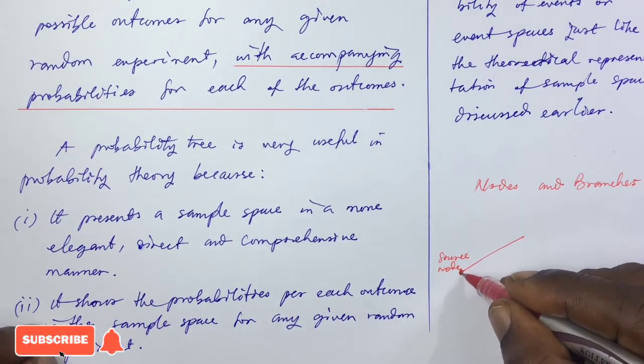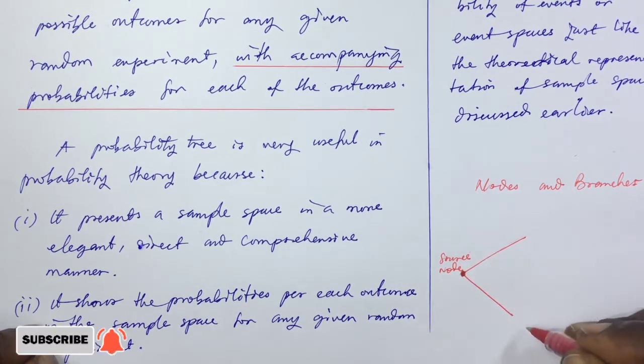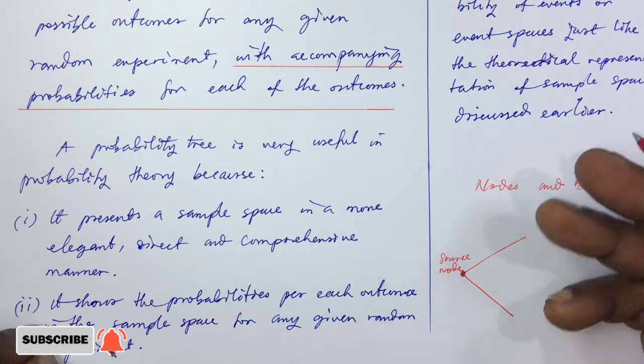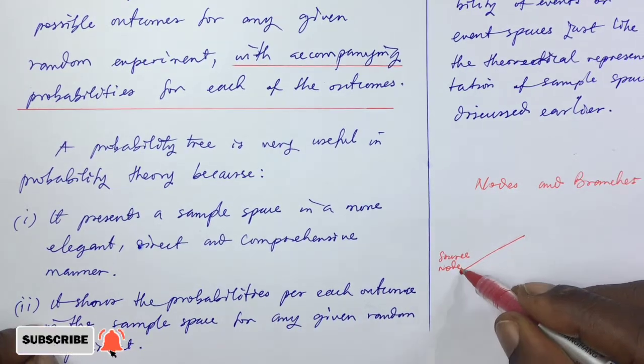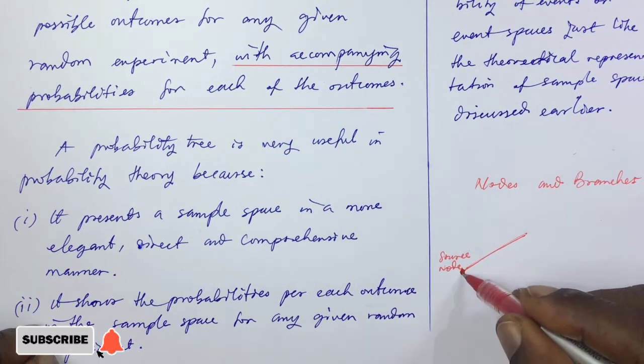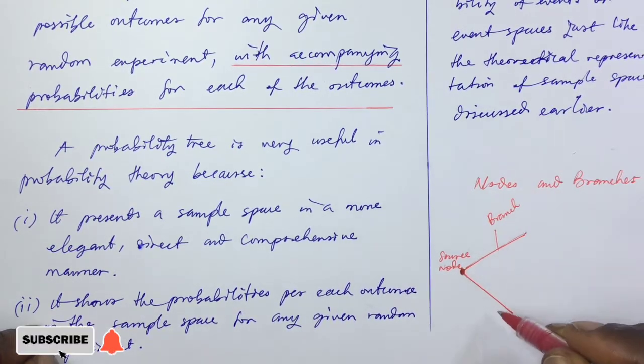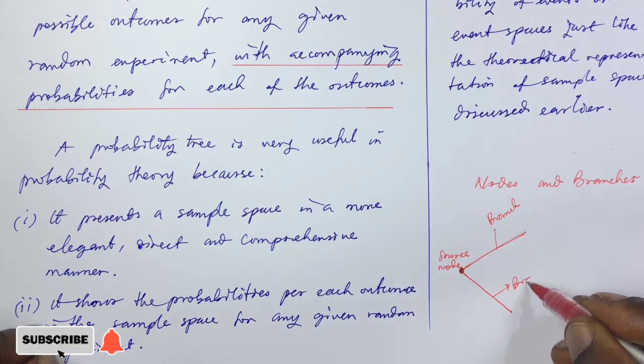So this is a source node, and from it two or more branches can emanate. If this is a source node, this will be a branch and this will be a branch.